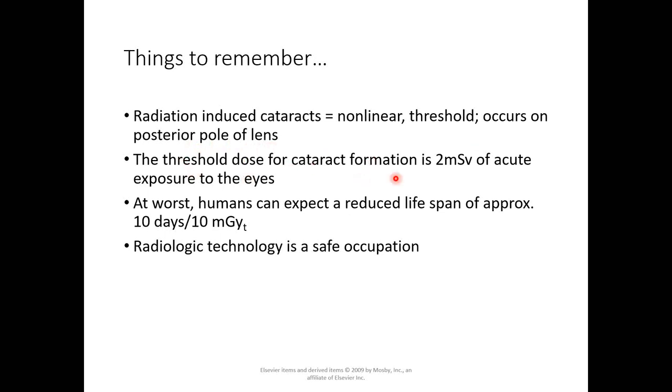The threshold dose for cataract formation is 2 millisieverts of acute exposure to the eye. At worst, humans can expect a reduced lifespan of approximately 10 days per 10 milligrays of exposure. And guys, you better count your milligrays because you are far more radiosensitive than females.